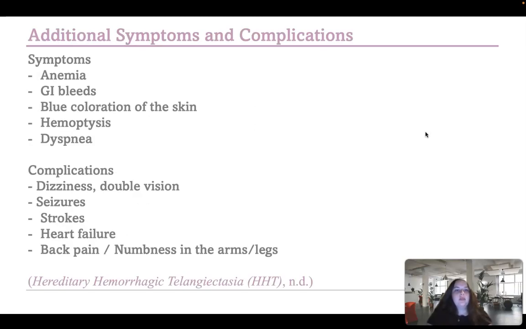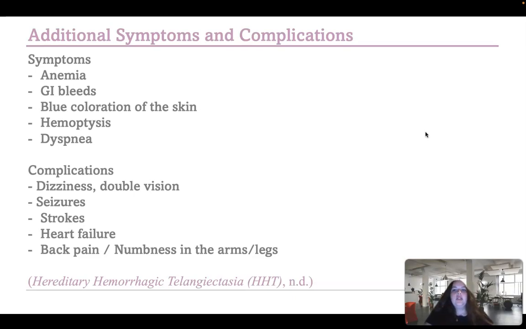Some additional symptoms and complications are going to be anemia due to that blood loss, GI bleeds due to those abnormal connections, and blue coloration of the skin, which is related to anemia and inadequate oxygen. Hemoptysis is coughing up blood, and dyspnea is just trouble breathing.